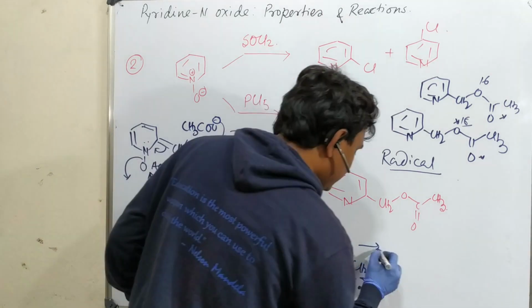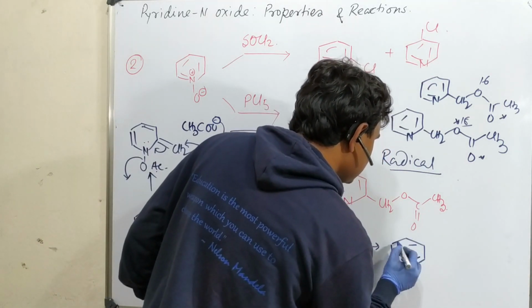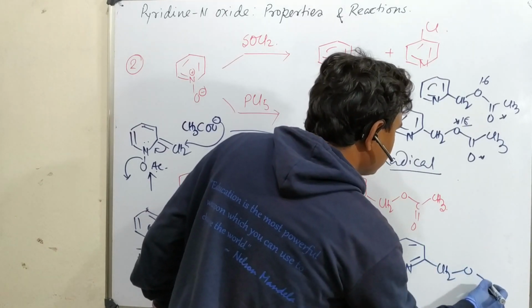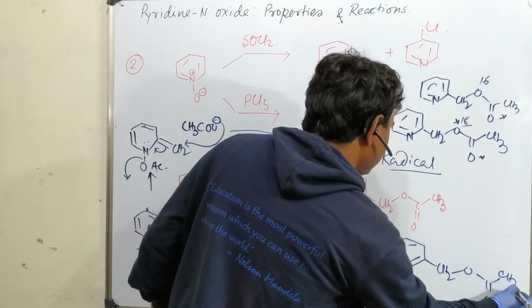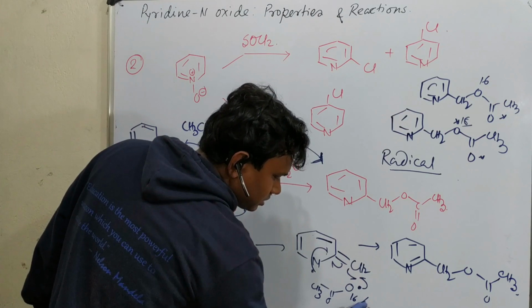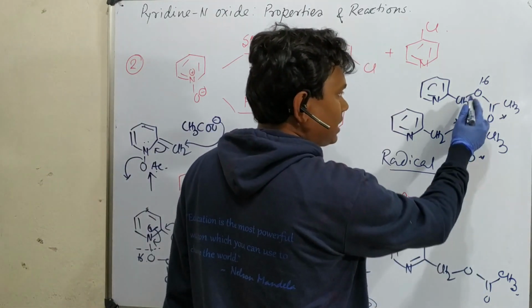So what will be the product? This is nitrogen, this and this. This is CH2OCOCH3. Now the question: this radical could be 16, could be 18, both possible. That is the reason 16 and 18 both are possible.